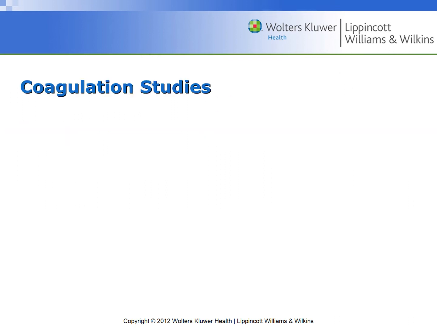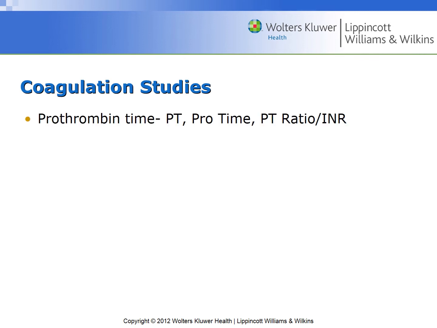Coagulation studies. So the labs that we would be looking at for patients with potential bleeding disorders or on medications that can impair clotting. Right? First off, we're looking at prothrombin time, the PT, pro time, the PT-INR.